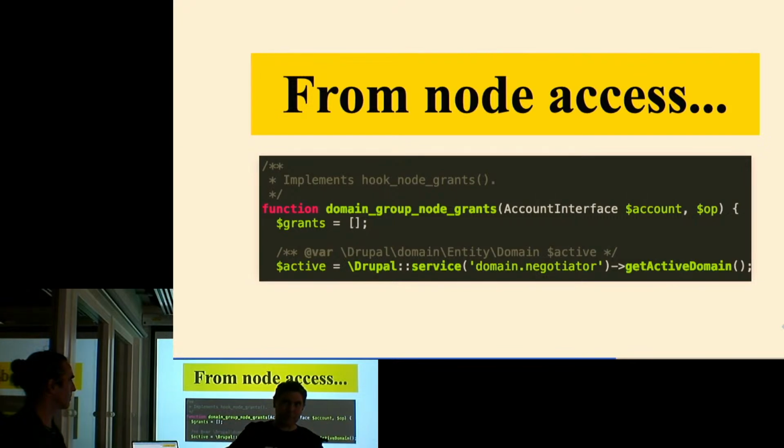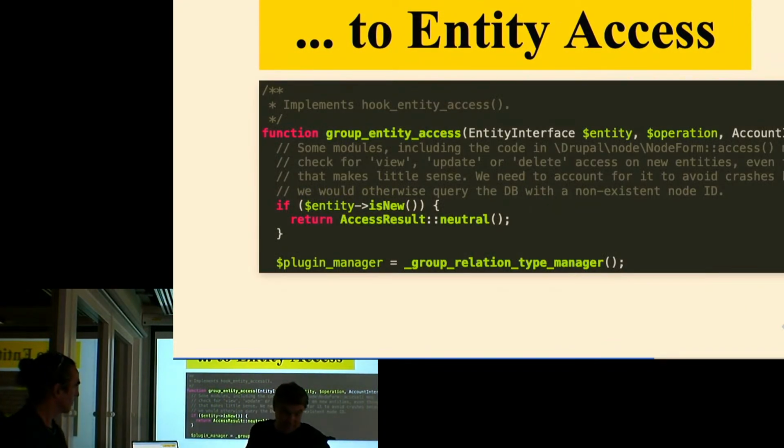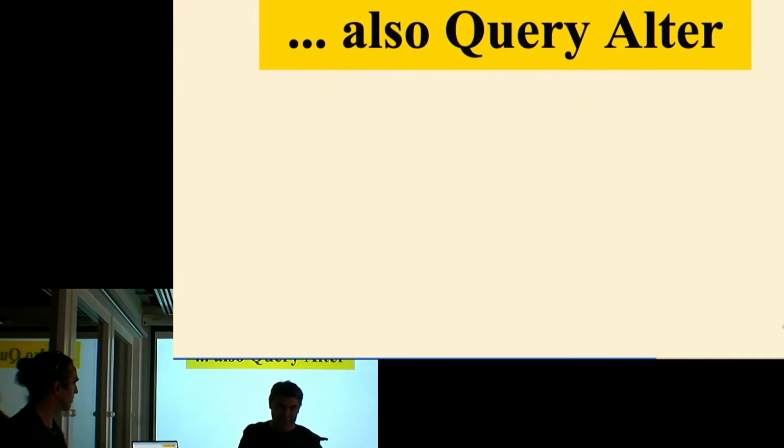So, to contribute to the community, I thought we'd spend some time developing the next version on top of what they'd already built, this group domain module. So I started writing entity access hooks to do this. But of course, once you've got entity access, you've also got views, so then you have to do a query alter on the views.